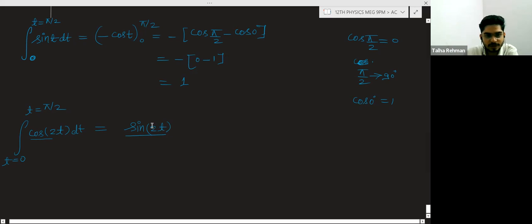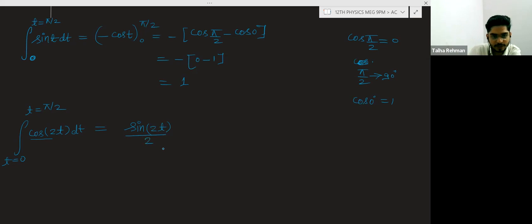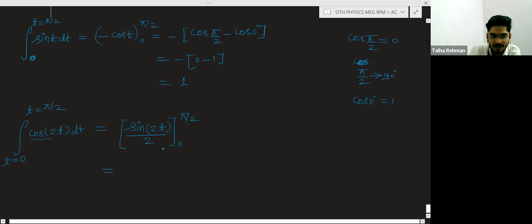Now what you will do: the coefficient of t, which is 2, you take in the denominator, and then apply the limits 0 to pi by 2. This half you can take out of the limit, then put in the values.